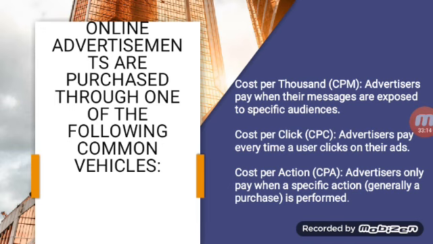Cost per action means advertisers only pay when a specific action happens, generally when there is a sale. Only then will the advertisers pay the advertising company, or pay Google, or pay the blogger. So cost per action is an online advertising payment model in which payment is made based on sales.